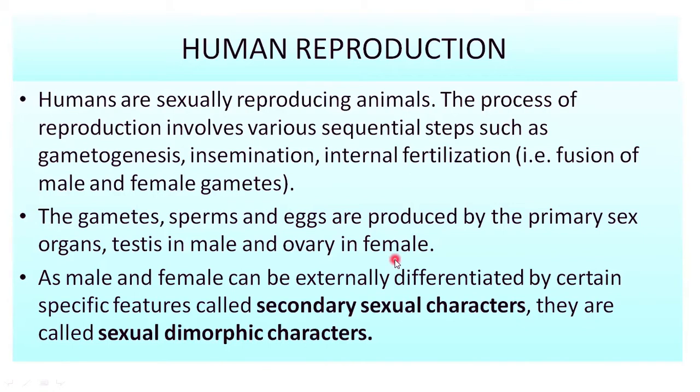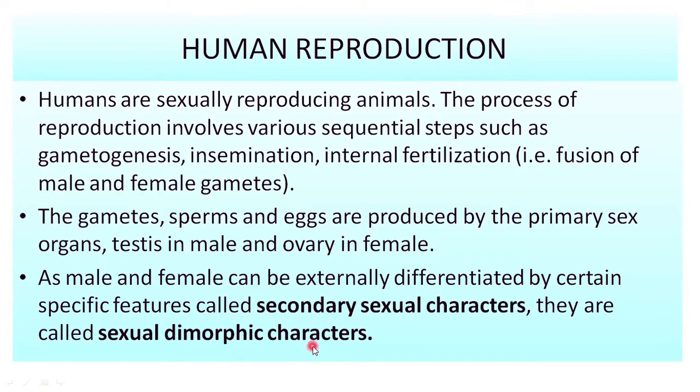Now, as we know, while growing, male and female can be externally differentiated by certain specific features that are called secondary sexual characters, also called sexually dimorphic characters.